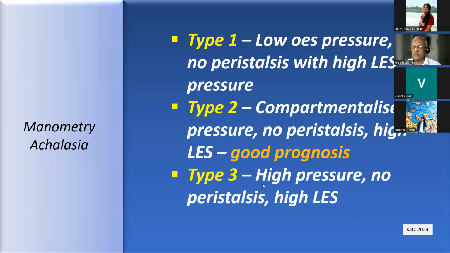When it is high pressure throughout the esophagus, you cannot do a myotomy for the whole esophagus. So then there is again a problem. So type 2 would give you the best results that one expects.